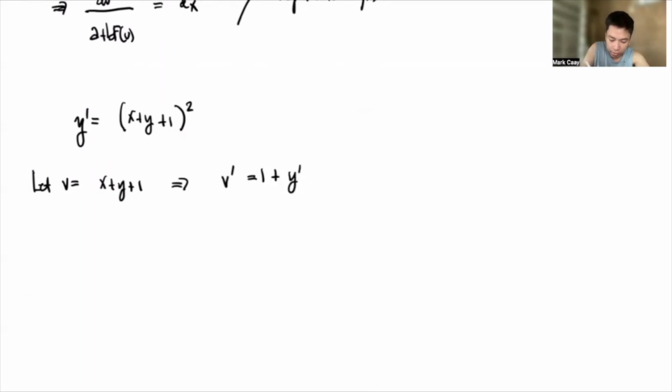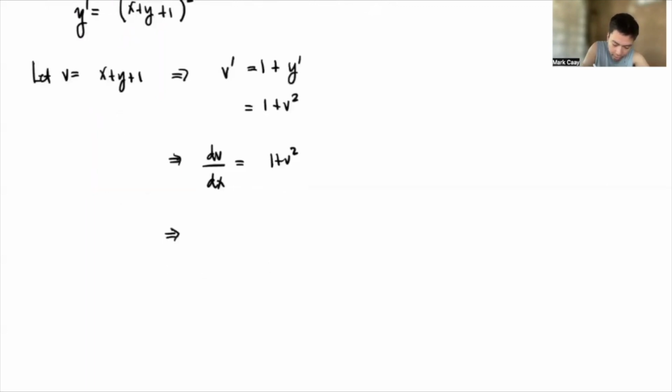So this is basically 1 plus v squared, right? Because our y prime is (x plus y plus 1) squared, so that is just v squared. This means that dv/dx is equal to 1 plus v squared. So I'd get dv over 1 plus v squared, which is equal to dx.